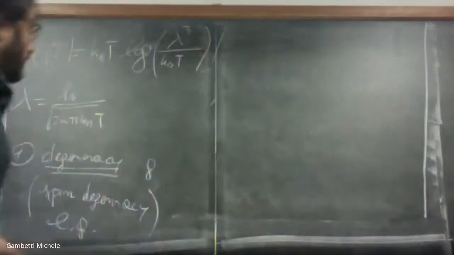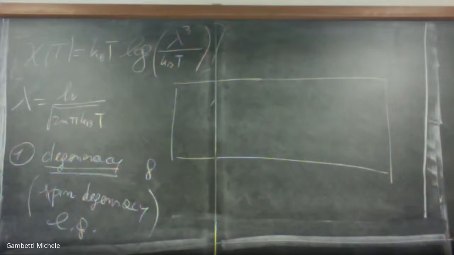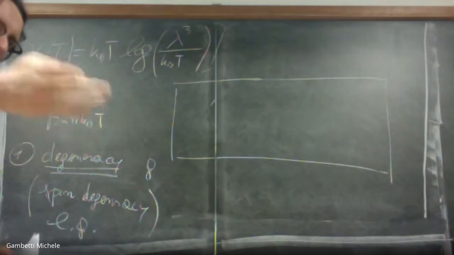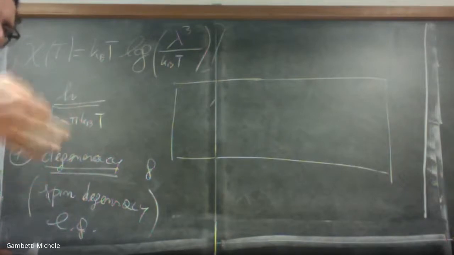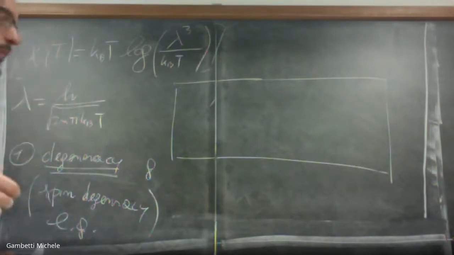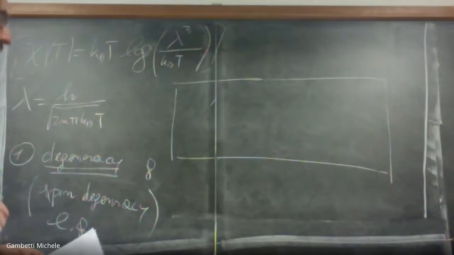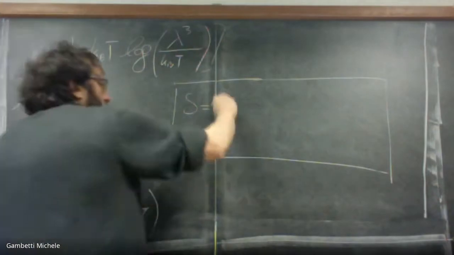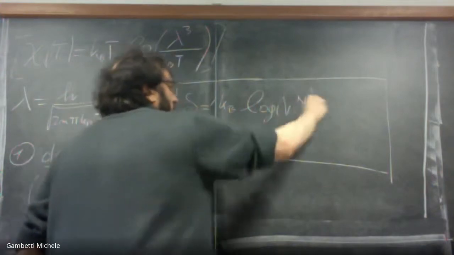Just a short reminder: when we calculated the entropy from the microcanonical ensemble, at some point we have to do this integral over dp and dq, which are the usual canonical variables, and in particular, for the integral over the coordinates, we have a contribution to the entropy proportional to kB log of V to the power of N, plus other stuff.